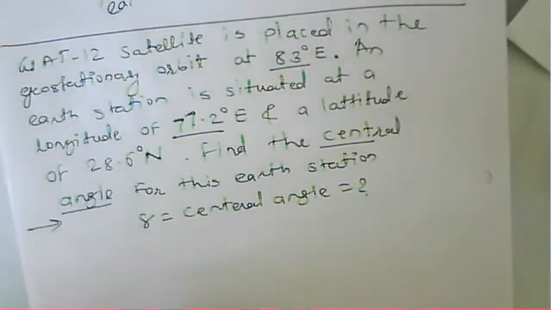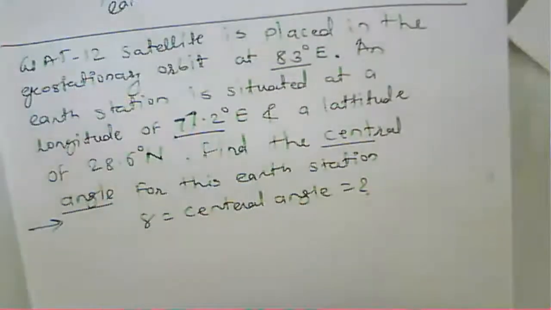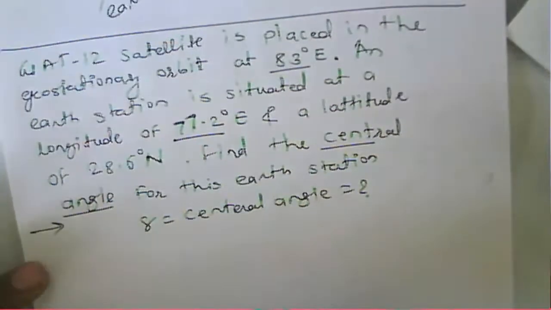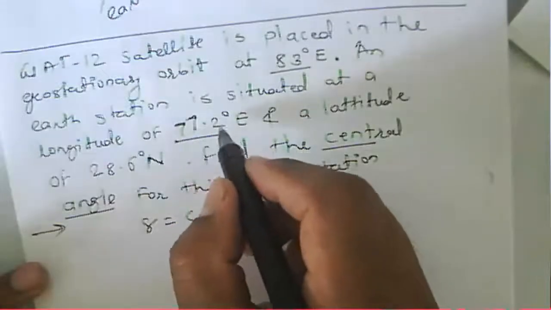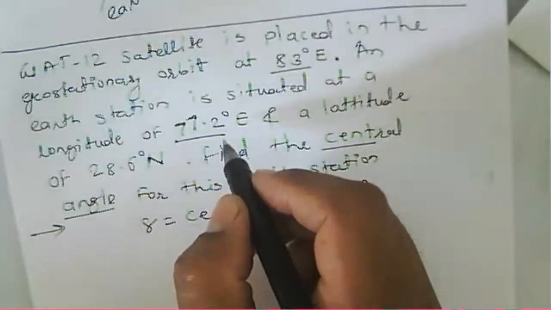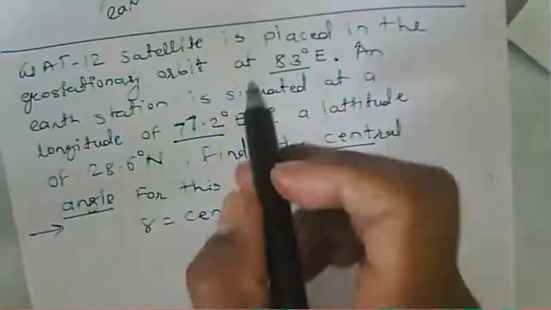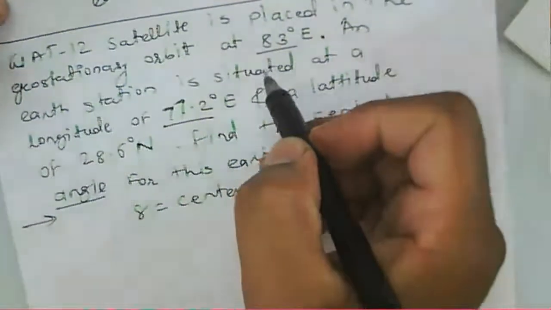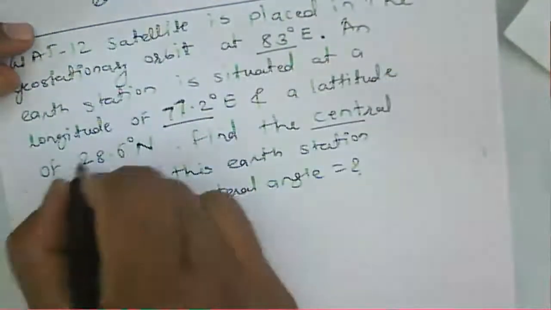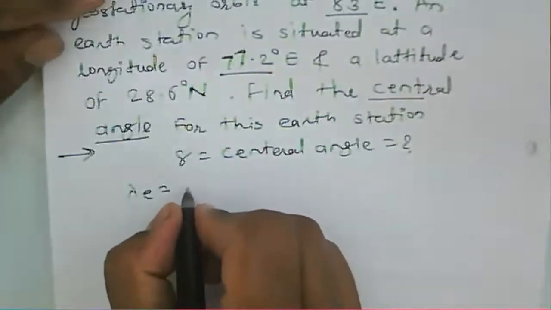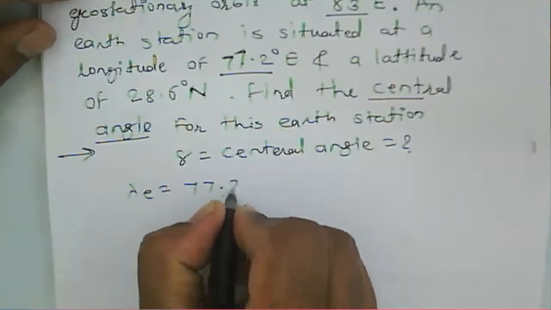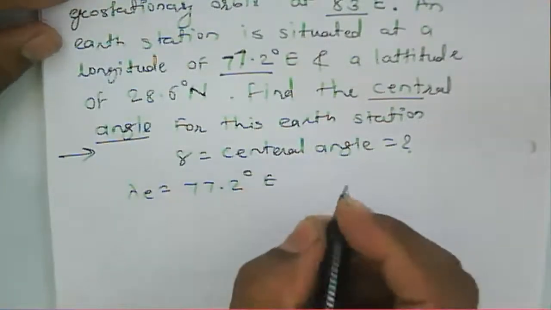But before that, we should know the longitude of that Earth station and the longitude of the satellite. So the longitude of the Earth station, that is lambda e, is equal to 77.2 degree east.